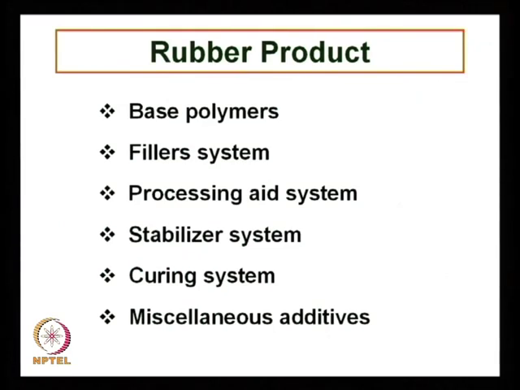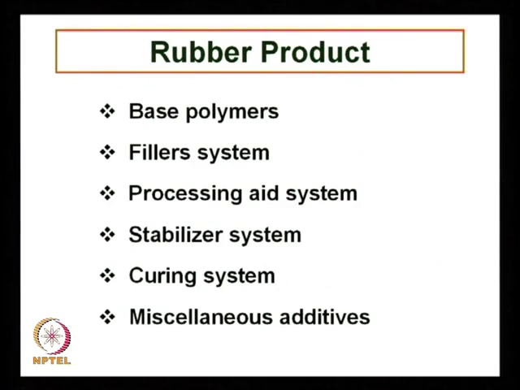For that purpose a curing agent or cross linking agent or vulcanizing agent is used with the rubber, and it helps in cross linking the rubber molecules in order to convert it from thermoplastic to thermoset structure. Okay. I will discuss the details of these systems.